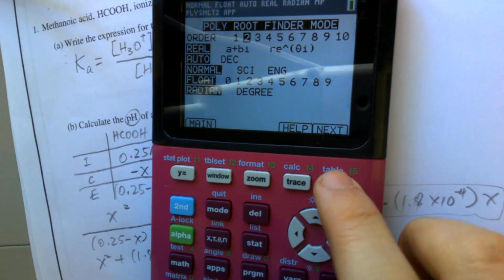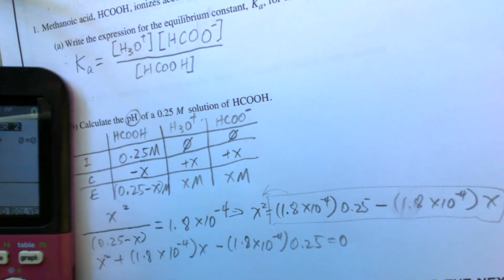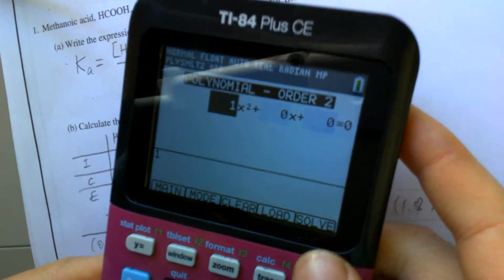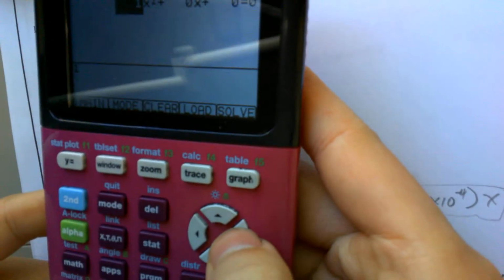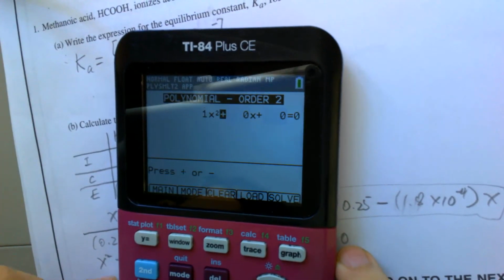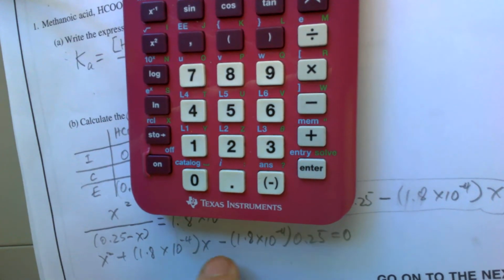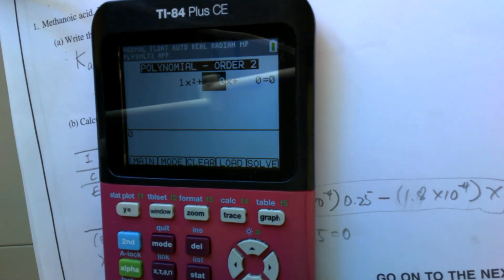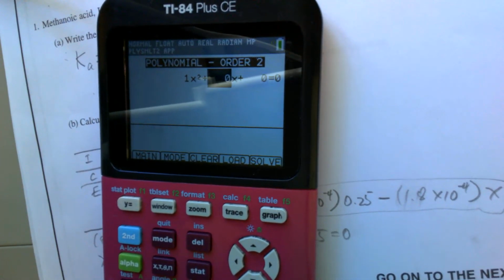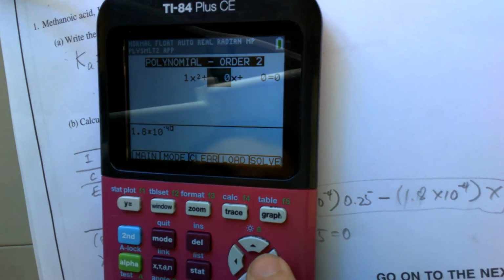Okay, so the coefficient for x squared is 1, so just 1, and we have plus 1.8 times 10 to the negative fourth power as the coefficient of x.